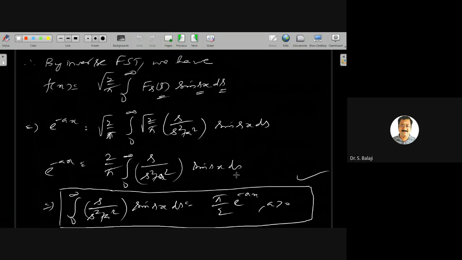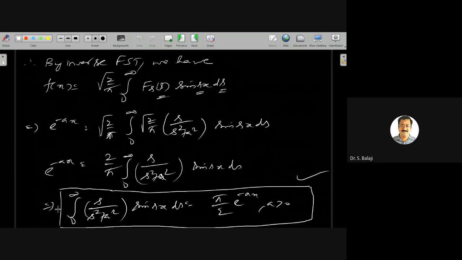Okay. This is your integral formula using the inverse Fourier sine transform. And then these two are constants. Take them to the left side, with the integral 0 to infinity with respect to s. Everything is in s here.